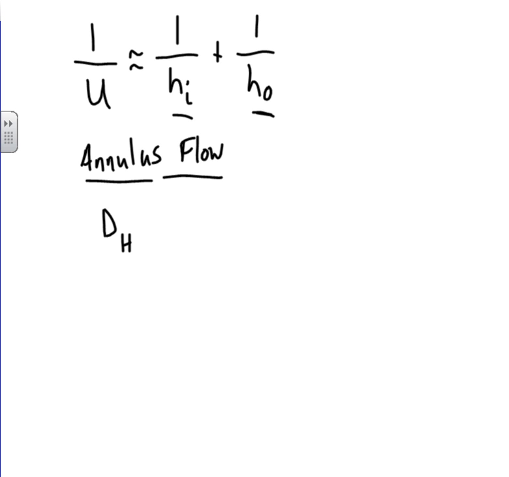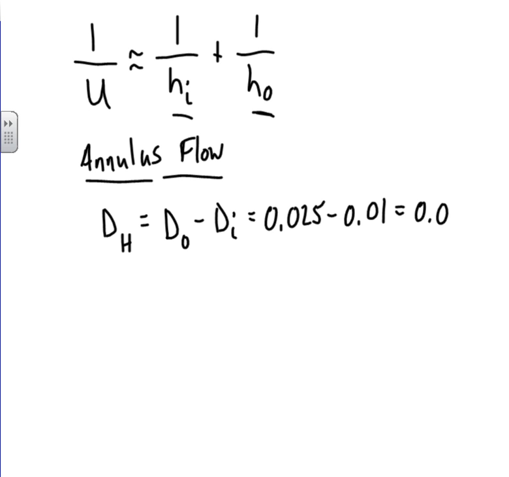And we denote the hydraulic diameter by D sub H. And for an annulus, we know that that's equal to the outside diameter minus the inside diameter. So for our problem, that's equal to 0.025 minus 0.01. So our hydraulic diameter is going to equal 0.015 meters.